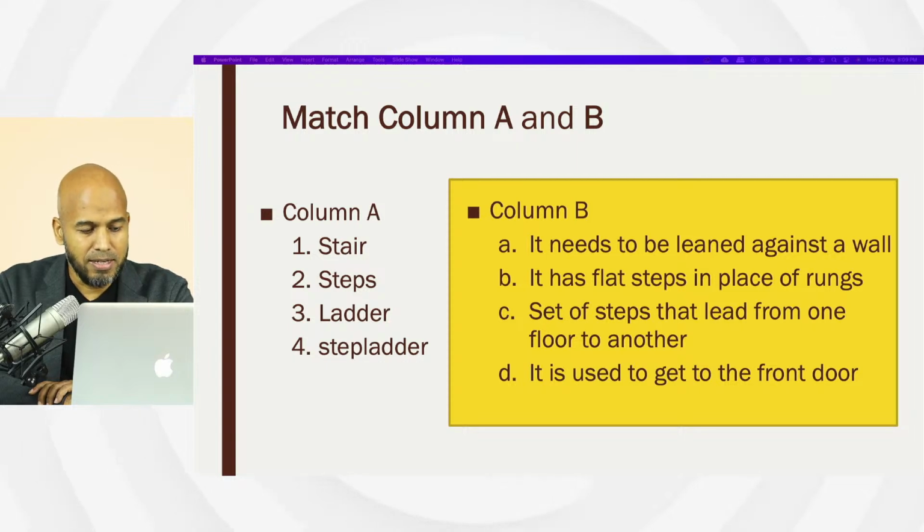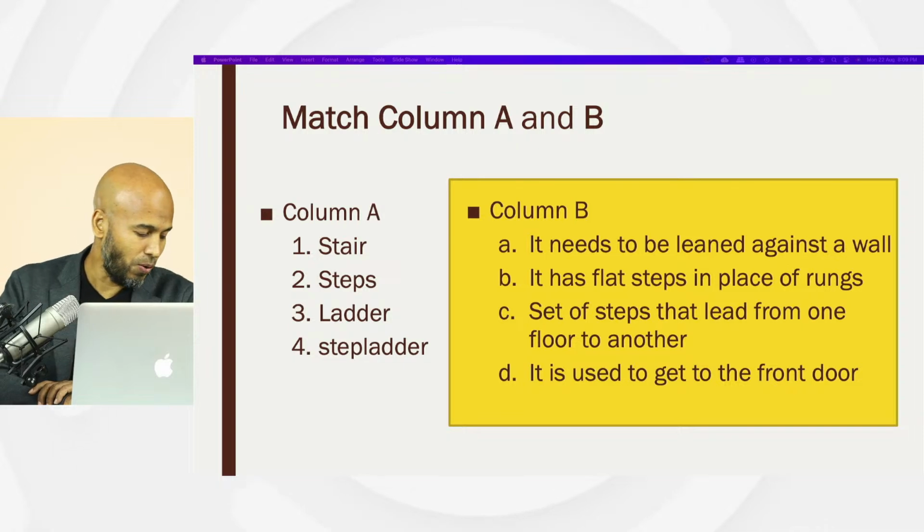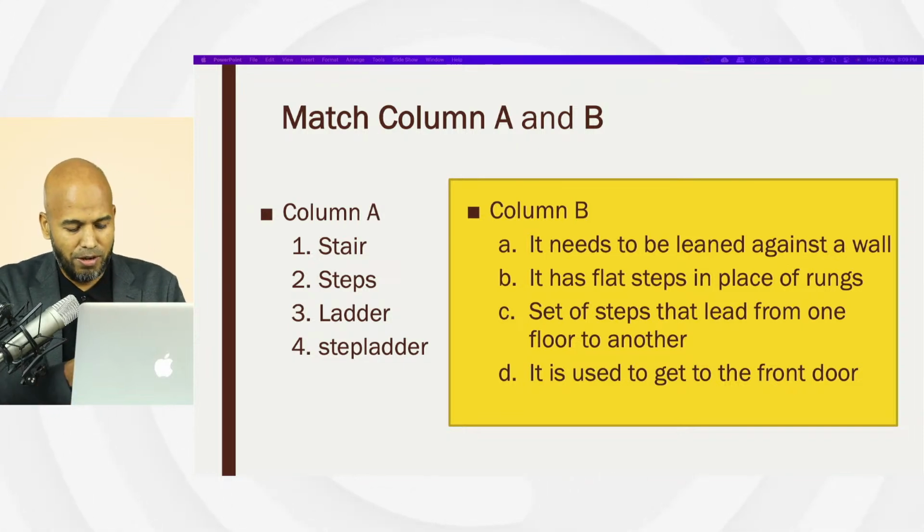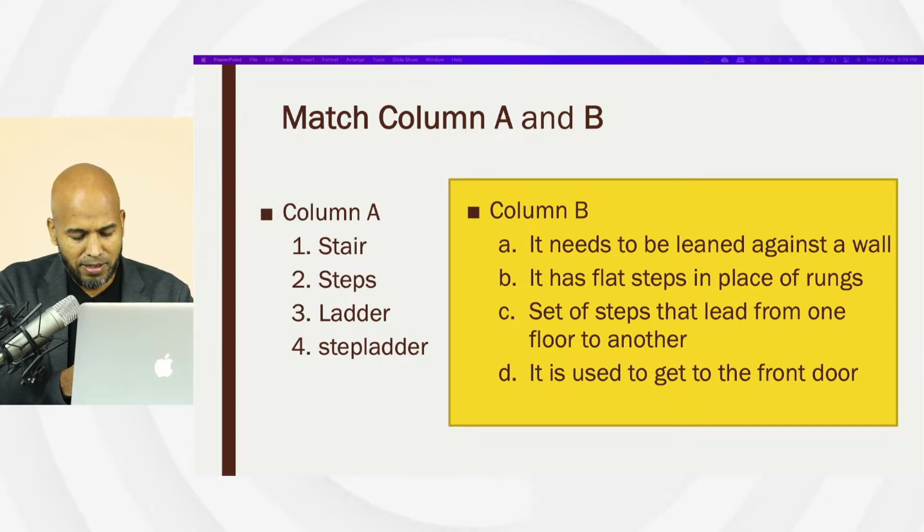C says set of steps that lead from one floor to another. D says it is used to get to the front door. Okay, I guess you have already started thinking about this.